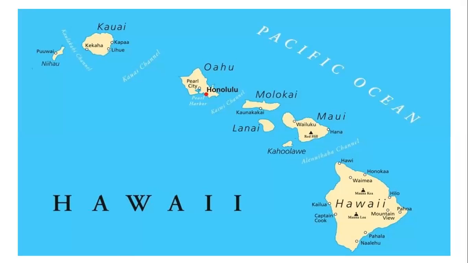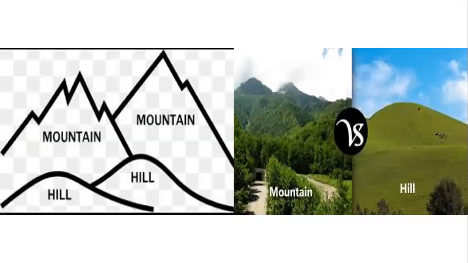Okay, so now that we're talking about the United States and the different types of landforms we have, one landform that Ms. Dobie absolutely loves are called mountains. Mountains. So what's the difference between a mountain and a hill? Think about it. Okay, let me hear your answer.